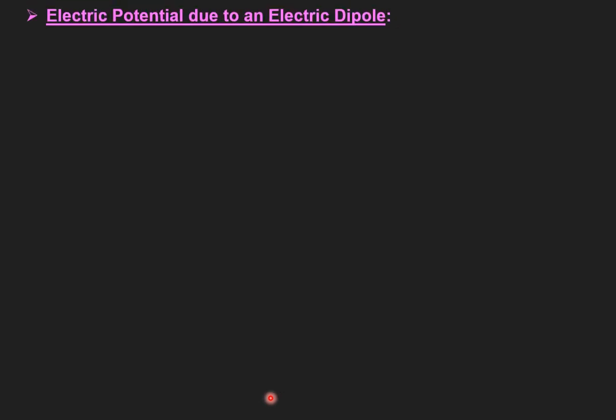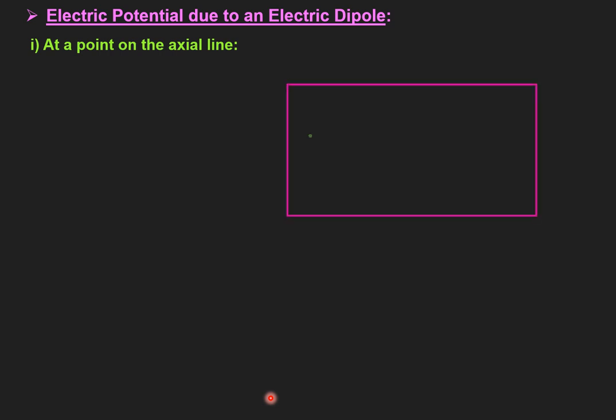Next is electric potential due to an electric dipole. Like in the previous chapter we studied the electric field due to an electric dipole at its axial line and equatorial line, in the same way now we are going to calculate the expression for electric potential due to an electric dipole. An electric dipole consists of equal and opposite charges separated by a small separation.